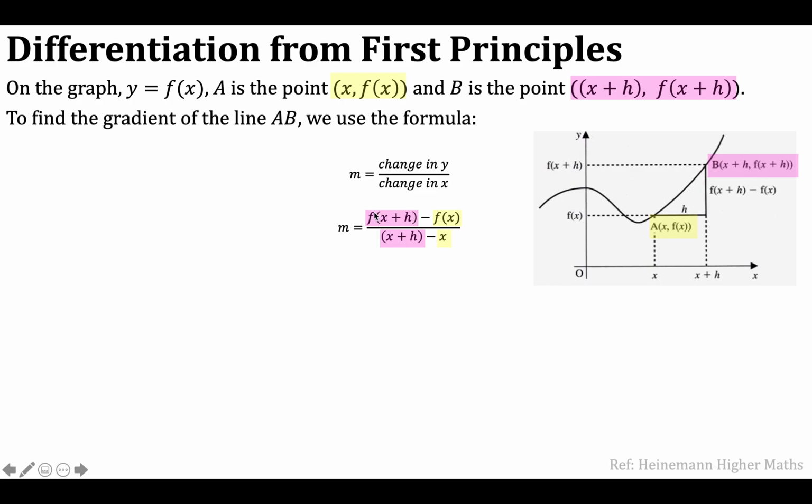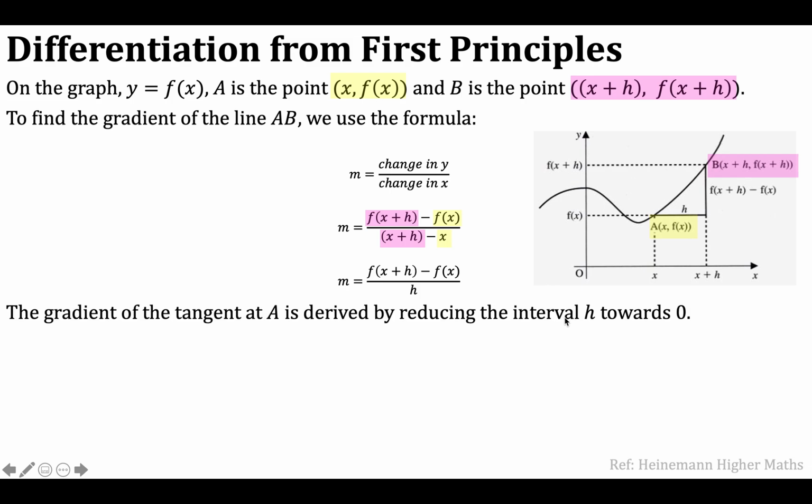We can't expand this or anything. Remember, f is a function. On the denominator, however, we've got an x and we've got a negative x. So that leaves us with h on the denominator. So the gradient of AB here is f of x plus h minus f of x all over h.